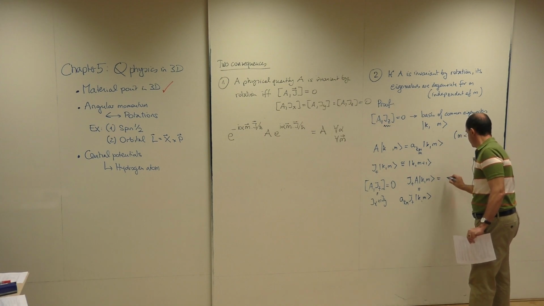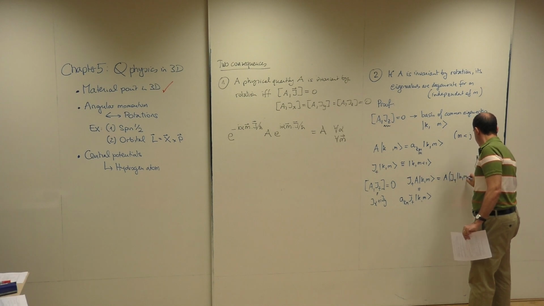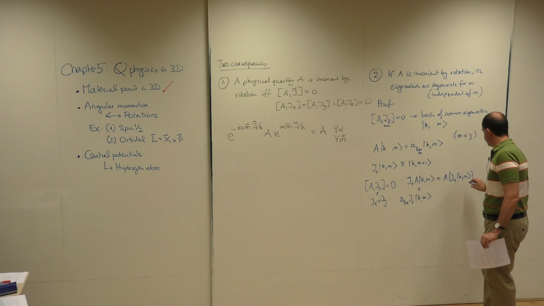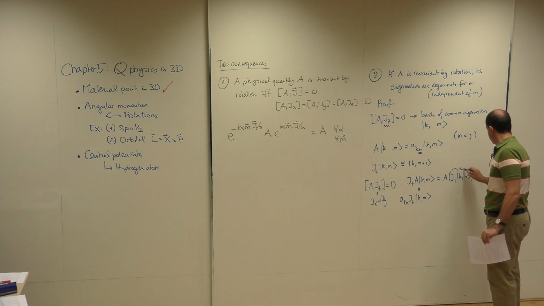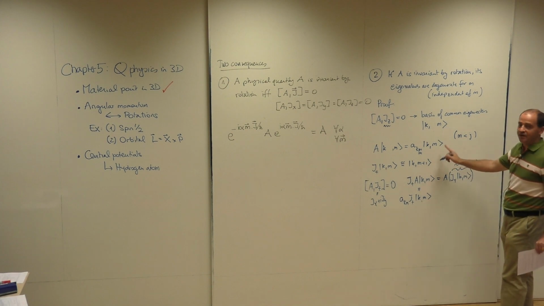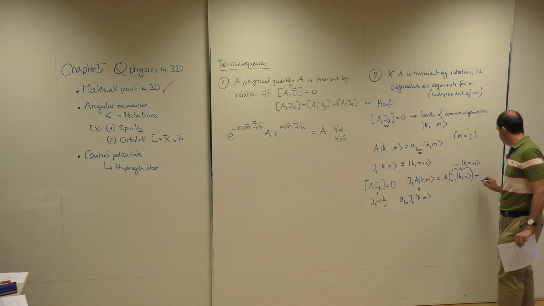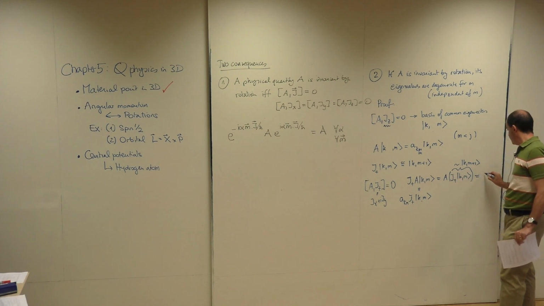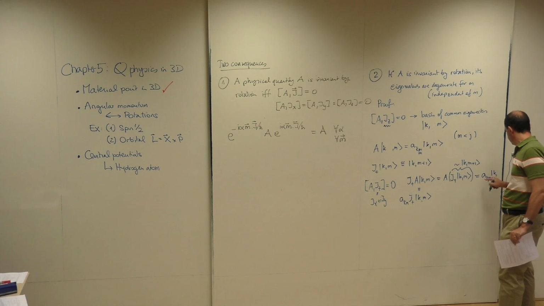But this commutes, so this would actually be A on J plus |k m>, and this is something like |k m plus 1>. And since I'm in a basis of eigenvectors of A, then this would be something proportional to A_{k,m+1} of J plus |k m>.